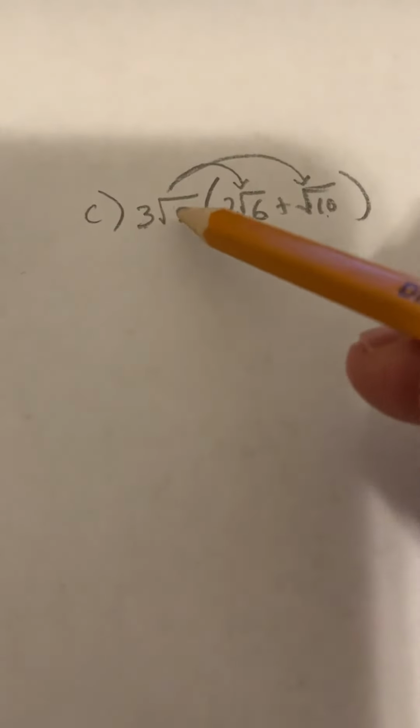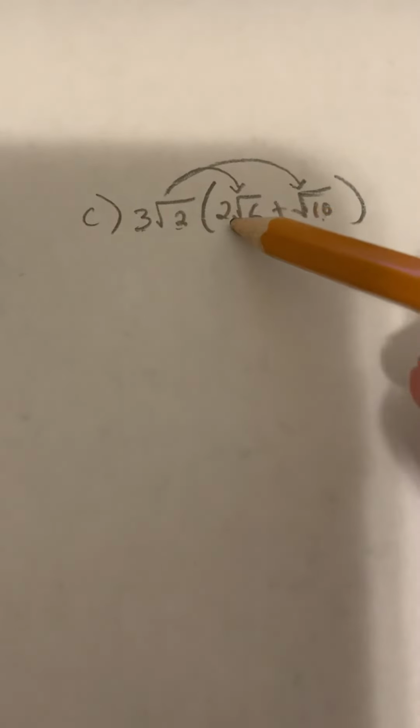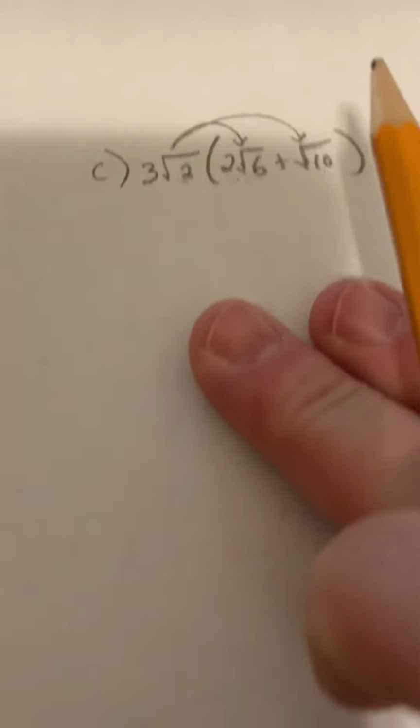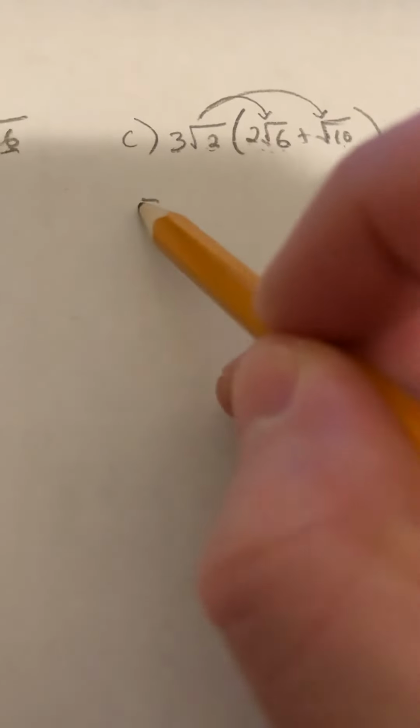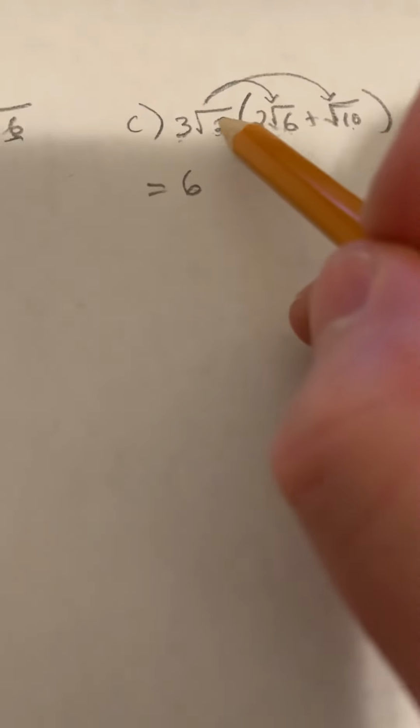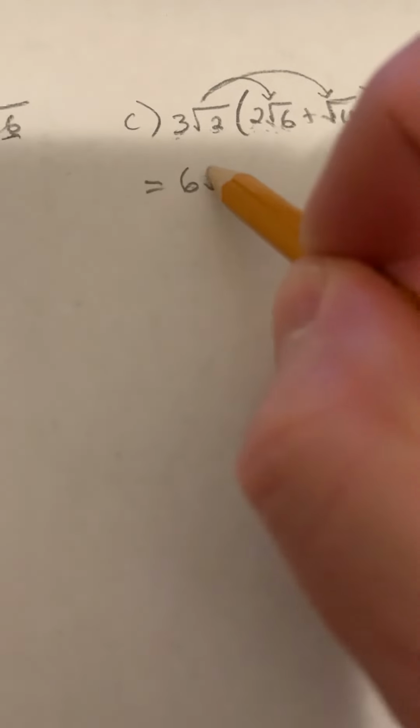So we're going to do 3 root 2 times 2 root 6, and then 3 root 2 times the square root of 10. Okay, so again, we multiply the numbers in the front. So 3 times 2 is 6. 2 times 6 is root 12.